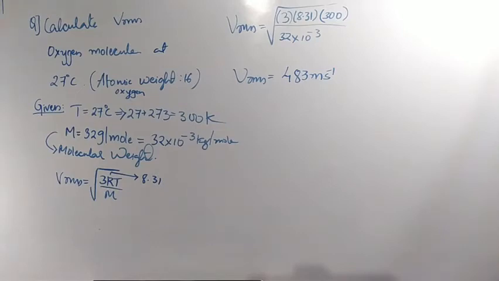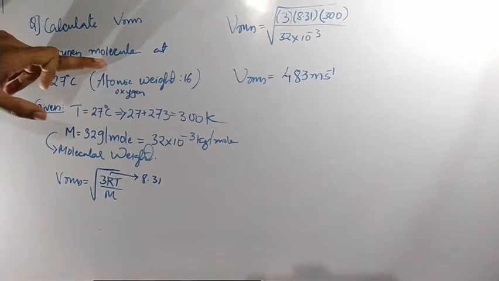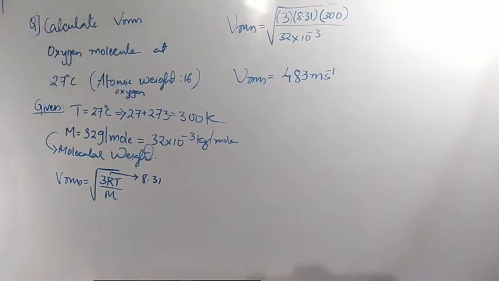Shall we go to the next problem? Here in this problem they had asked VRMS for oxygen molecule at 27 degree Celsius. So we had calculated the VRMS value for oxygen molecule at a temperature of 27 degree Celsius. Okay.